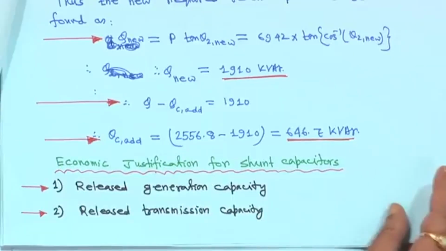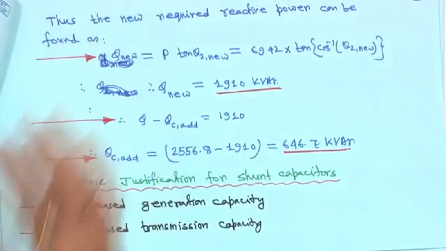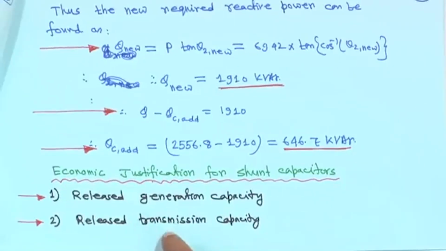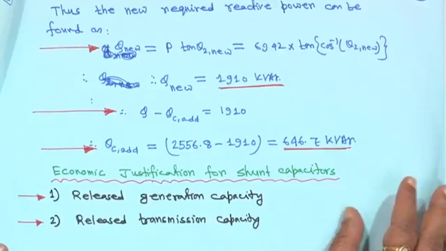The idea of release transmission capacity means that in the transmission line you have different types of conductors, and every conductor has its thermal capability, that is the maximum current carrying capacity or maximum temperature rise. So, whenever you are putting capacitors, that means the reactive component of the current is getting compensated to some extent. That means the magnitude of the current on the transmission side will decrease, right.